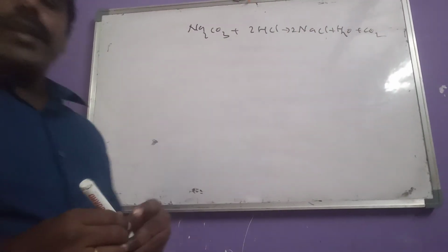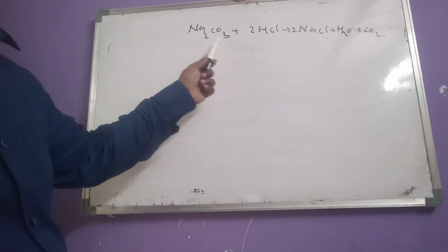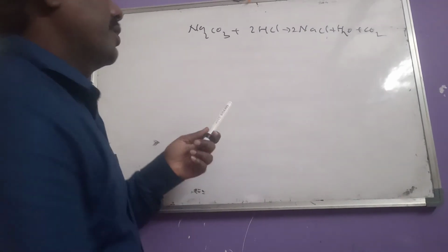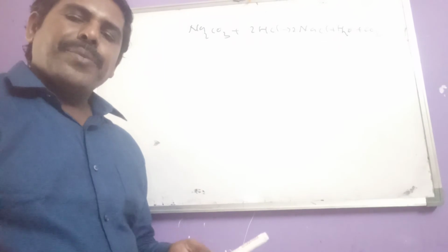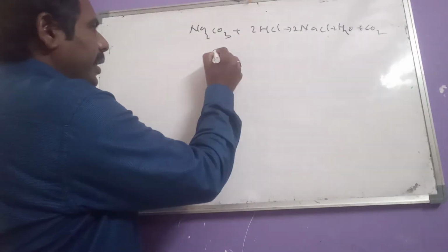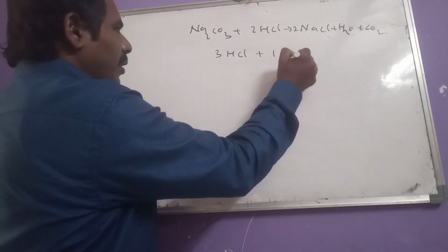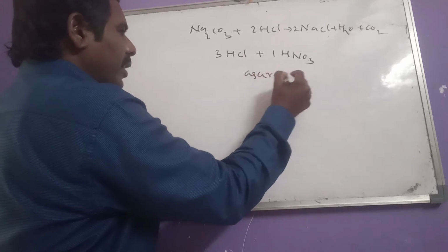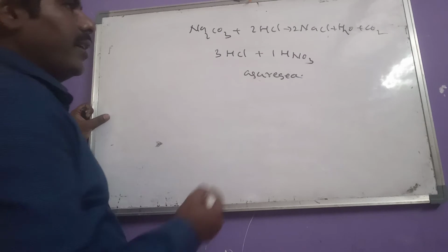So like that, HCl decomposes compounds of weaker acids. This is regarding hydrochloric acid, HCl. And one important thing here: 3 parts of HCl and 1 part of HNO3, this mixture is called aqua regia.